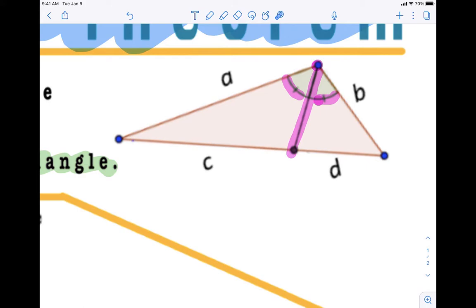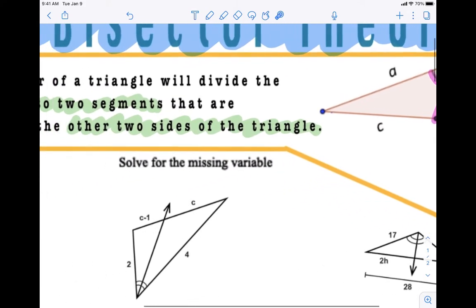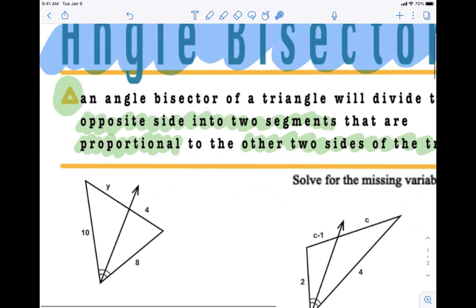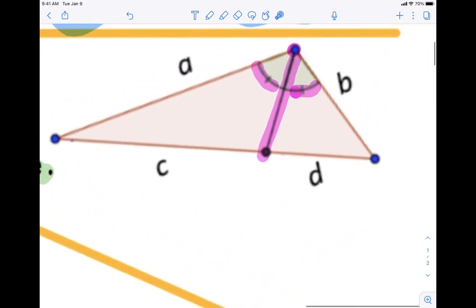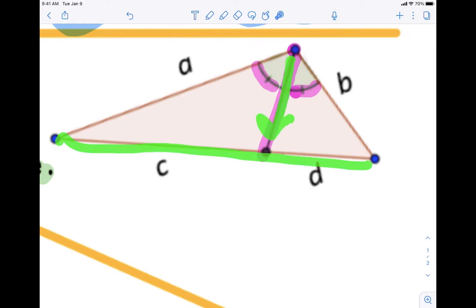We already discussed this. But what it also does, this bisector, look what it does. It divides the opposite side into 2 segments. This is the opposite side right here. Right? Look, it's opposite this angle.